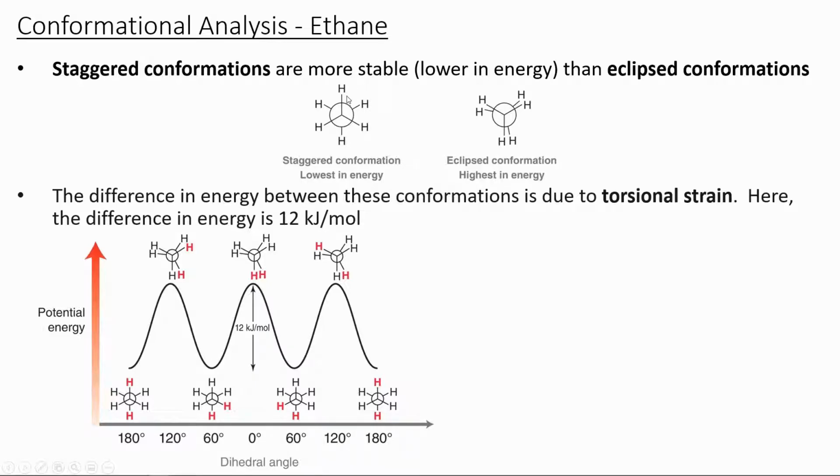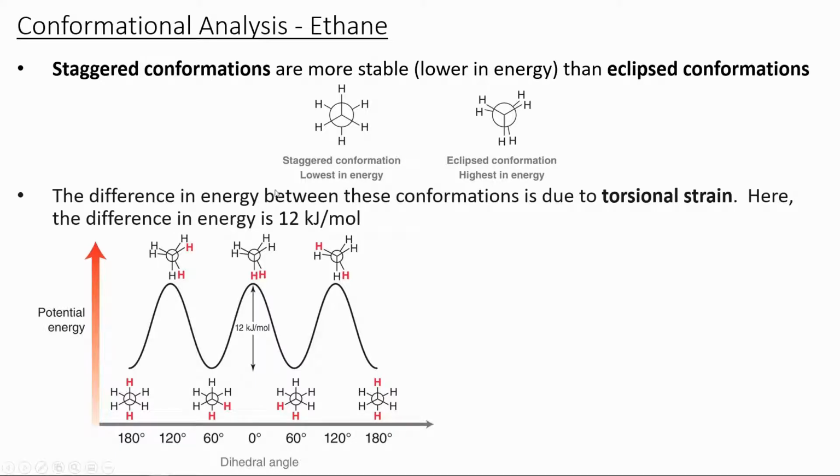If we rotate these hydrogens all to the left here, we can enter the eclipsed conformation, and this eclipsed conformation has the two hydrogens very close to each other in space, so we're going to have a negative interaction. There's going to be a torsional strain, which is going to cause an increase in energy.